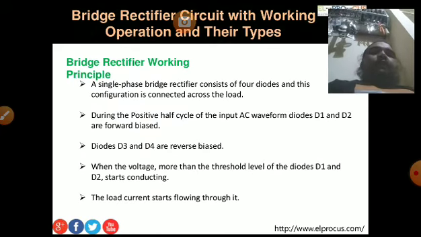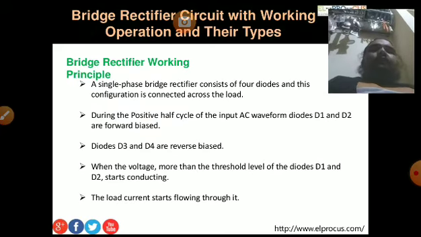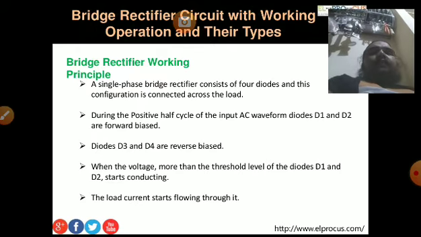Bridge rectifier working principle: a single phase bridge rectifier consists of four diodes, and this configuration is connected across the load.